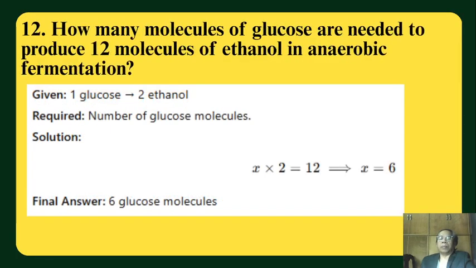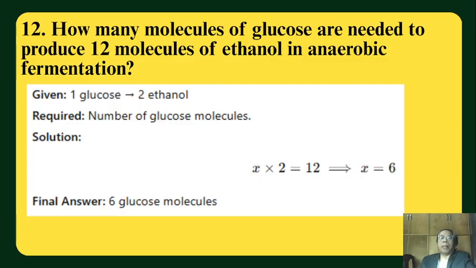Number 12. How many molecules of glucose are needed to produce 12 molecules of ethanol in anaerobic fermentation? So we're given 1 glucose produces 2 moles of ethanol.